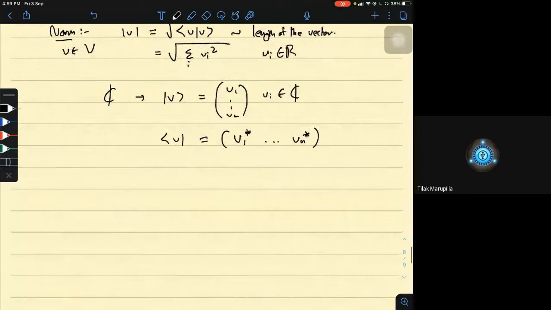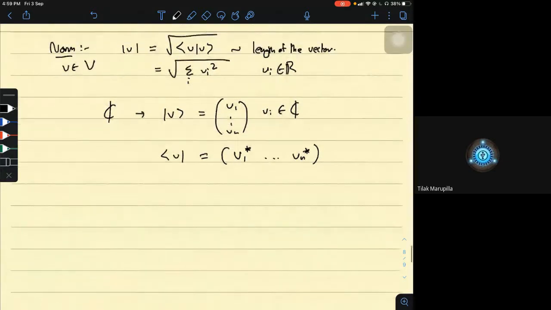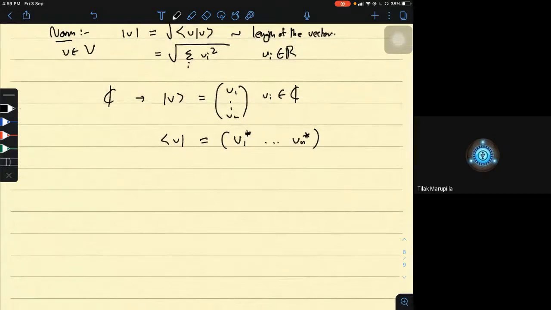This is again by convention, as we want this inner product to be positive semi-definite.